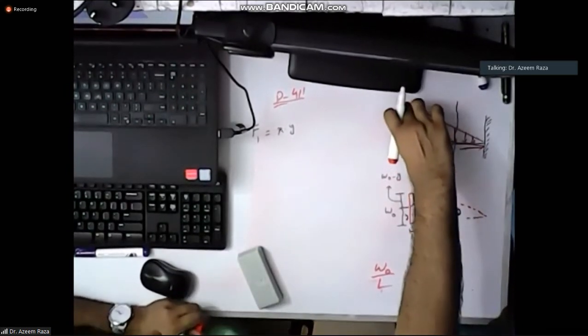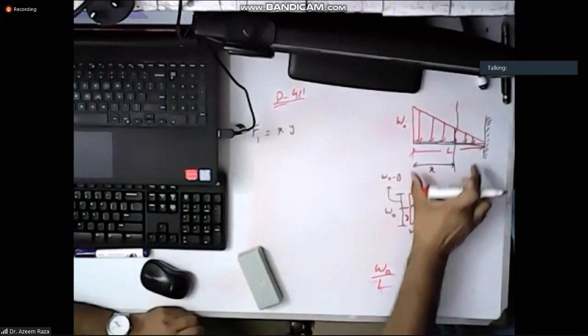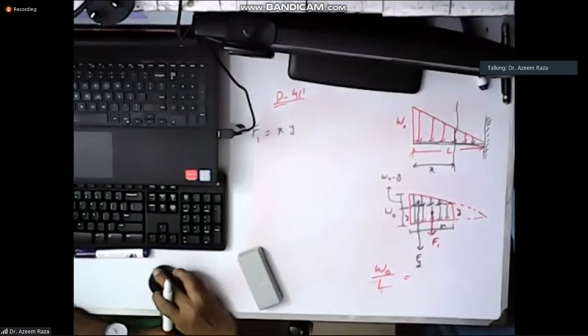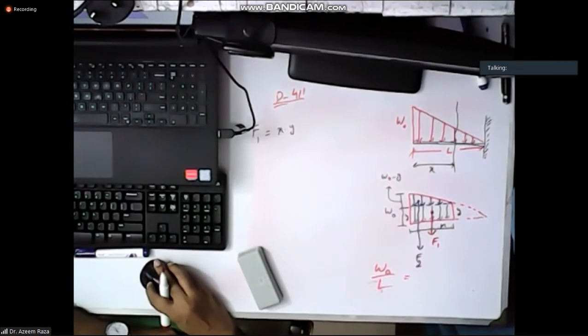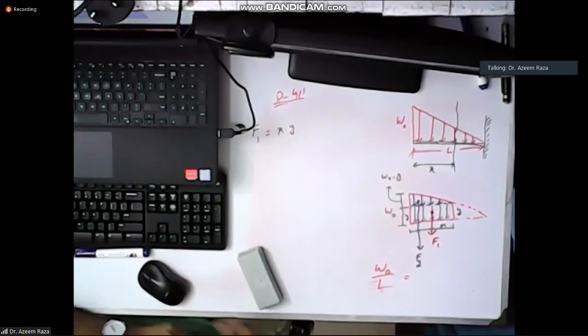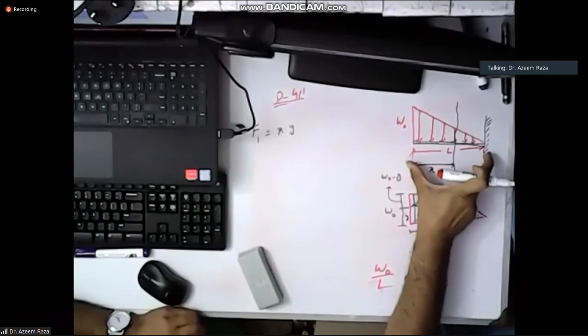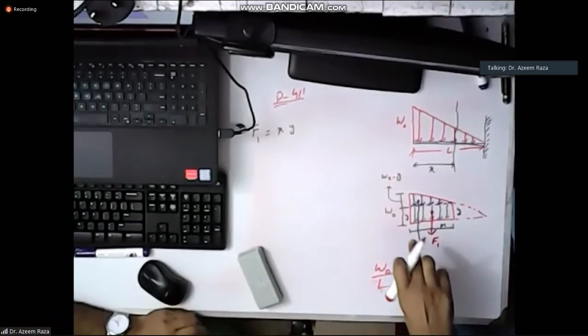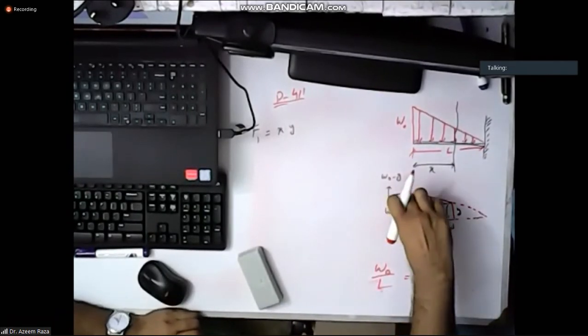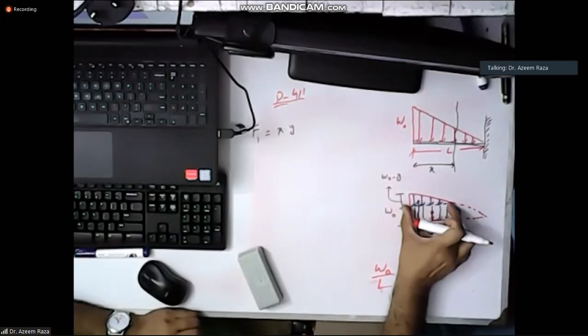So this is the height of this triangle, and this is the base of the triangle. All right. So this ratio must be exactly equal to this other ratio.